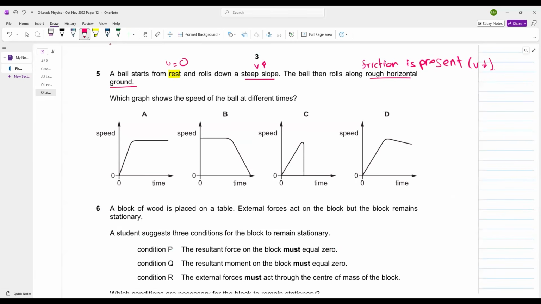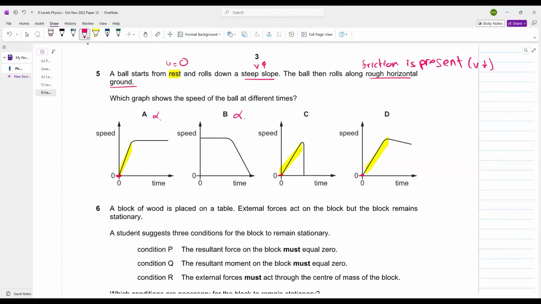Which graph shows the speed of the ball at different times? Option B will get cancelled out instantly because you are starting from rest. Perfect. As you are starting from rest, you are gaining speed. Okay, that's in option A, in C, and in D. Then what is happening? You are moving on a rough horizontal ground.